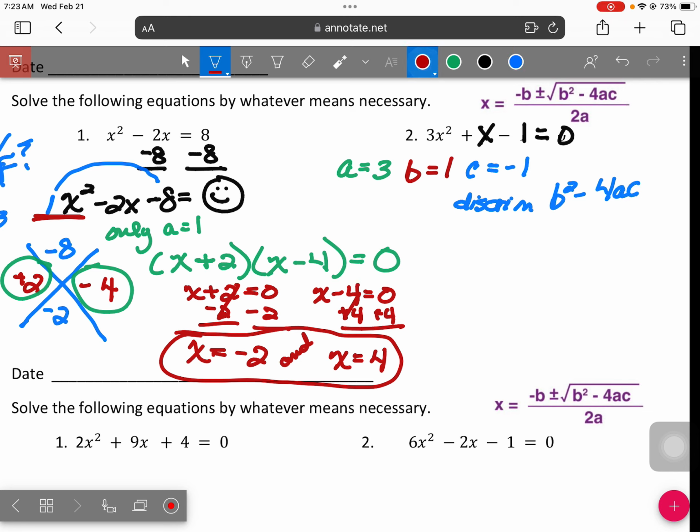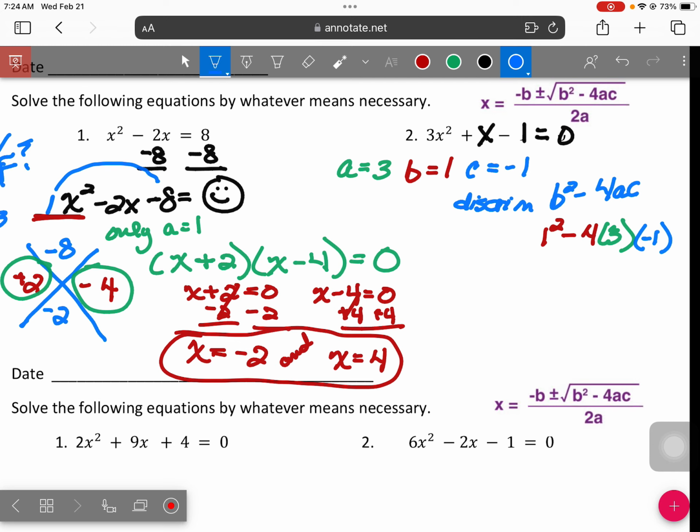B squared. So b is 1. So I'm going to say 1 squared minus 4 times my a value of 3 times my c value of -1. So everybody see what I'm doing? I'm going to have to find that anyway. I'm just deciding to find it first.